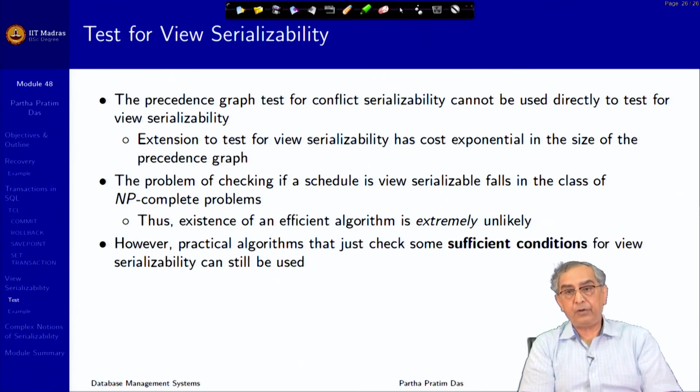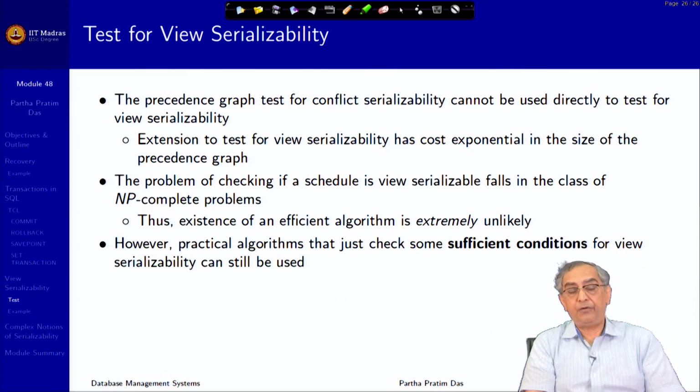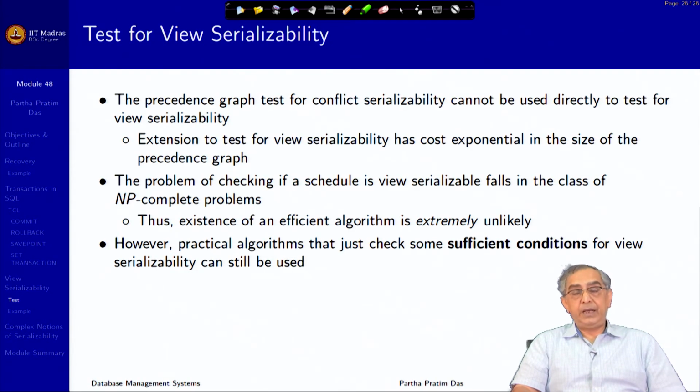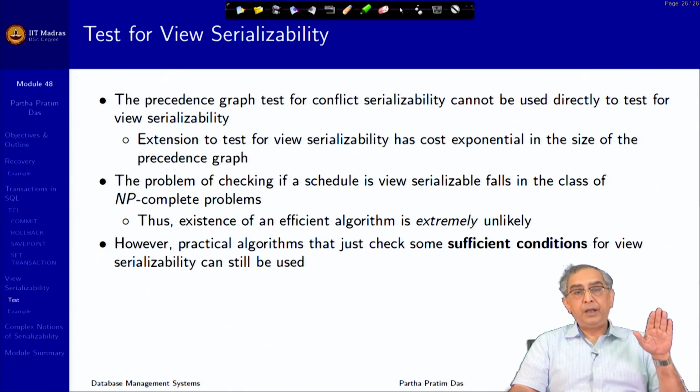So, like conflict serializability, we want to test for view serializability. Unfortunately, the extension of the precedence graph in terms of polygraph etc. has resulted in the proof that testing for view serializability is an NP-complete problem. Which means that having an efficient algorithm for view serializability is extremely unlikely.